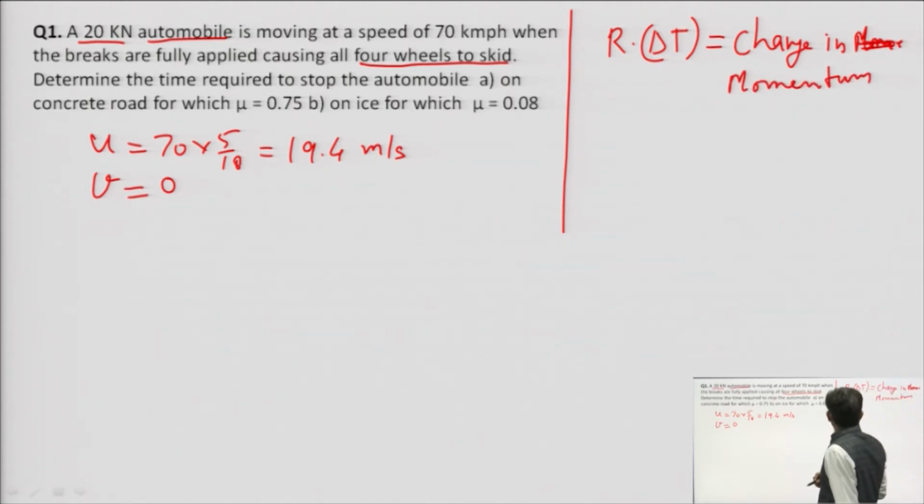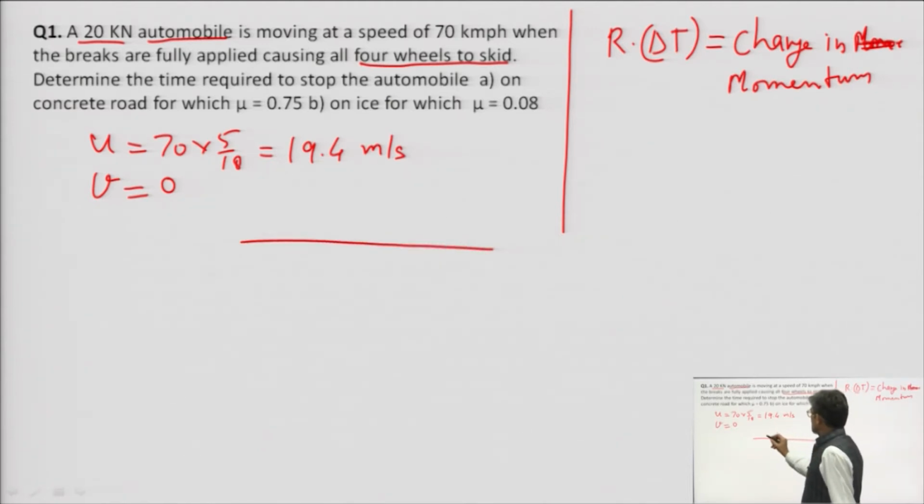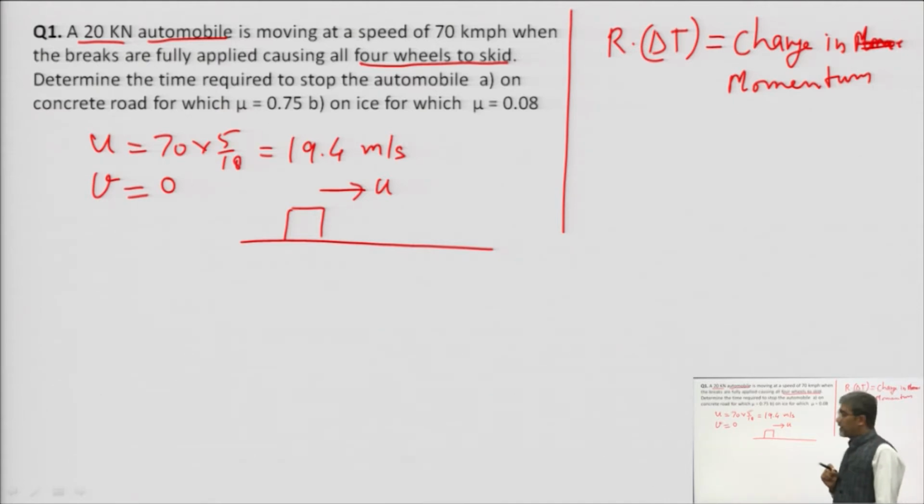So, R into delta t, for the automobile moving with velocity u. What will be the value of R? The resultant force causing motion will be m into a.